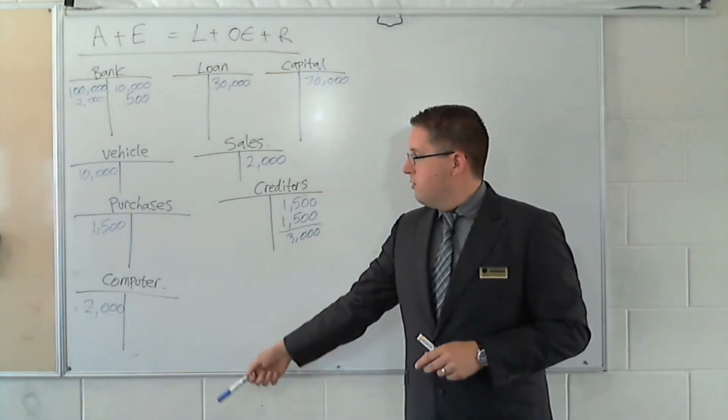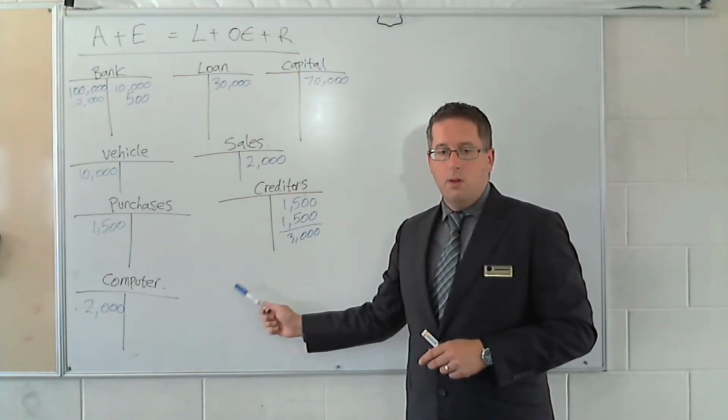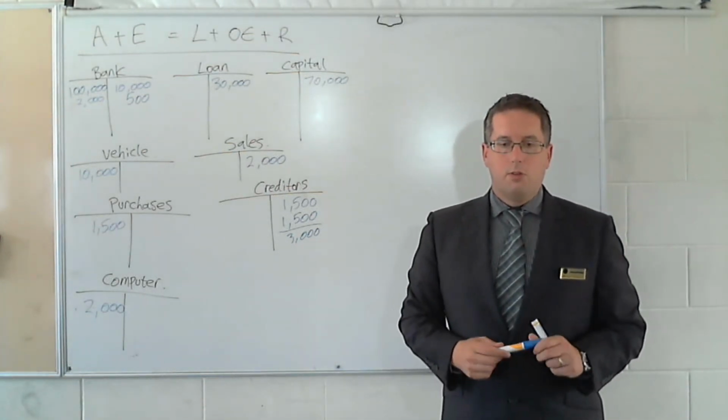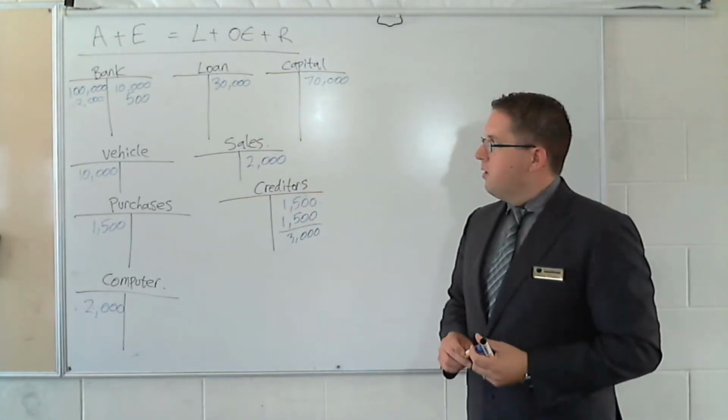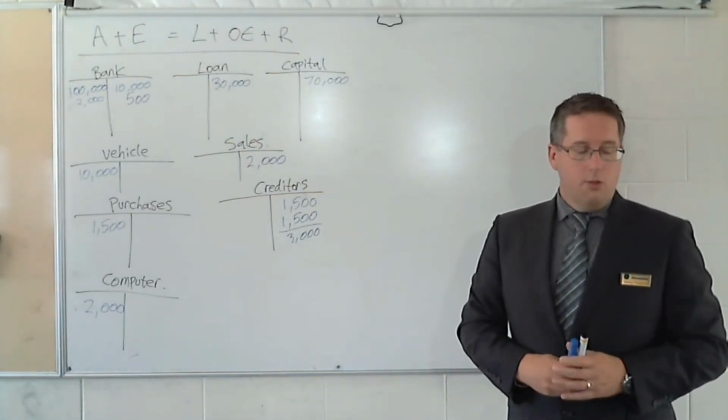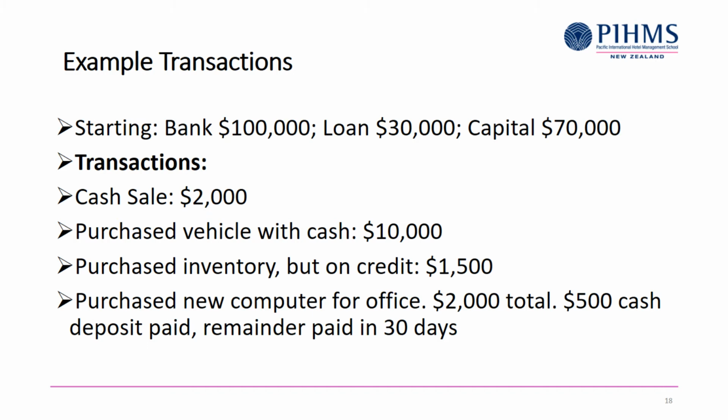We did some purchases, we owe some money on a computer, now it's $3,000. So this is recording those transactions. So we've just recorded those for the starting and the 4 transactions. You know, cash sale, purchase of a vehicle with cash, inventory, and then a new computer.